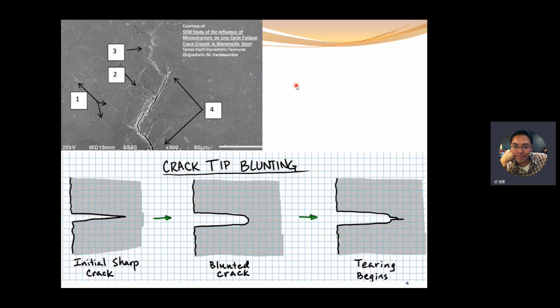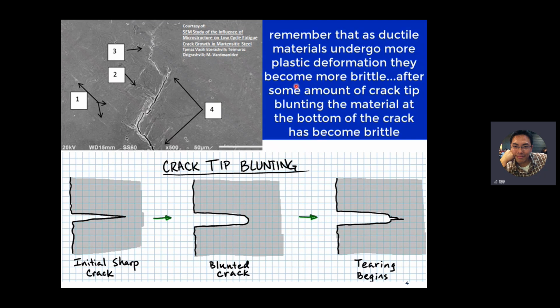Okay, so the crack propagation, the crack formation. Initially we assume there's an initial sharp crack, right? When we keep applying the force, the crack will propagate in this direction.